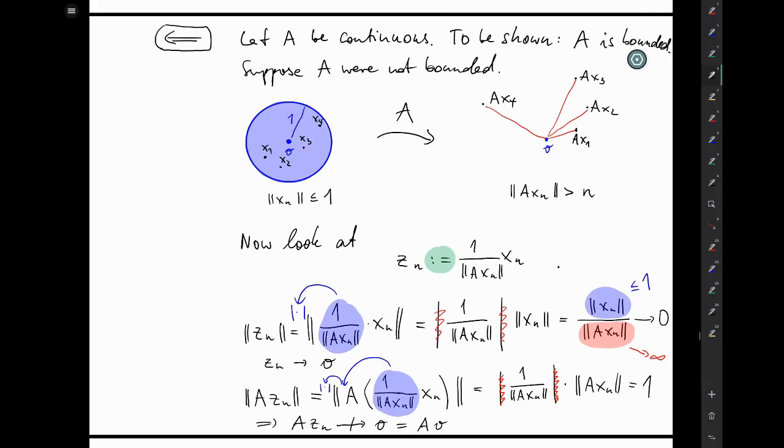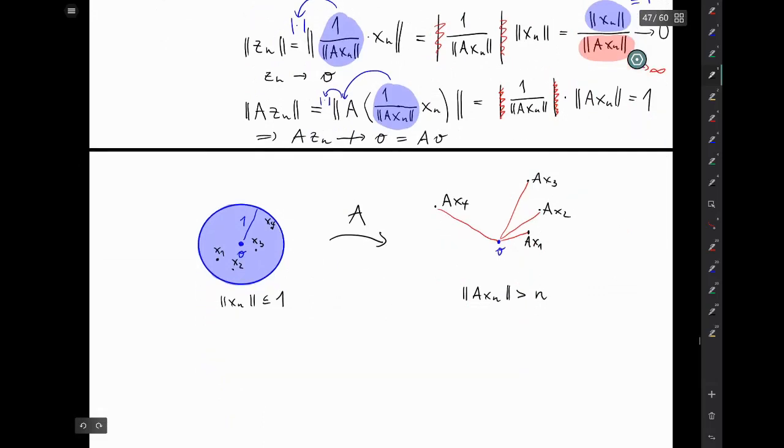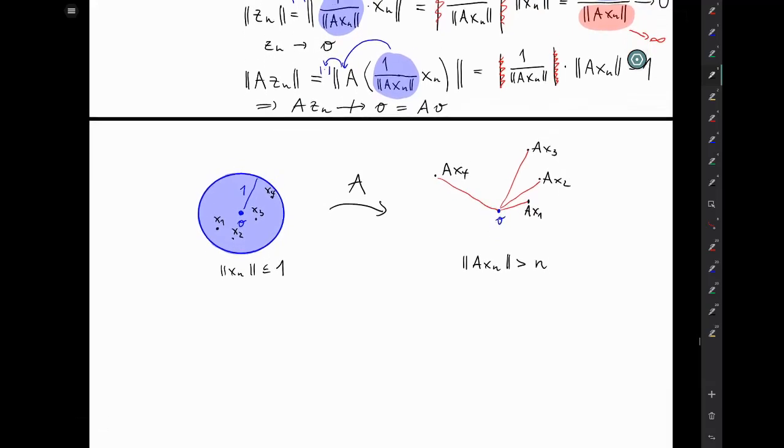It probably helps to see that proof again in a slightly more graphical way. So let's come back to our diagram from here and see what we did with our trick to introduce the sequence zn.